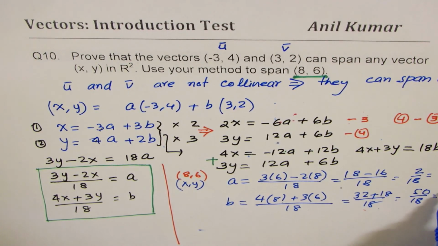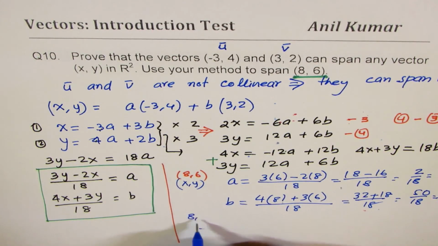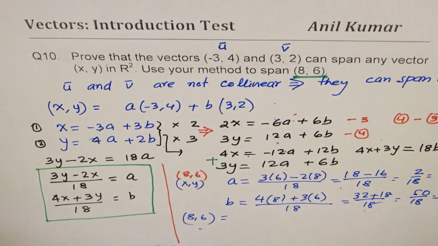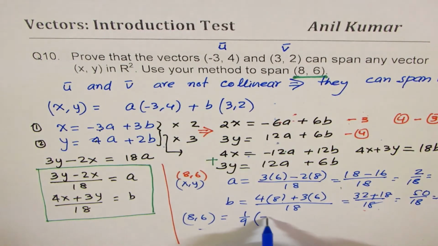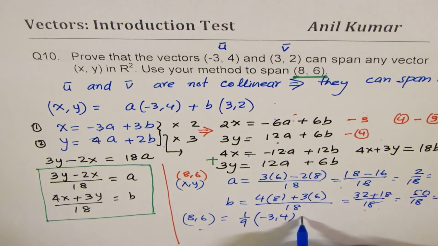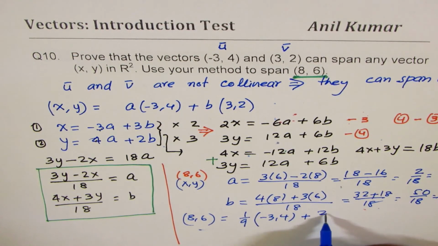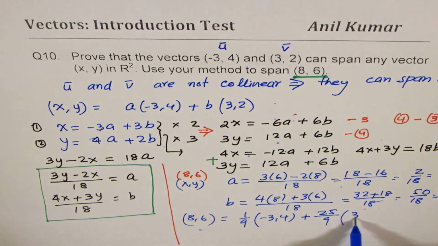Dividing by 2, we get 25 over 9. So we can now write the vector (8, 6) as equal to 1 over 9 of the vector (-3, 4) plus 25 over 9 of the vector (3, 2).